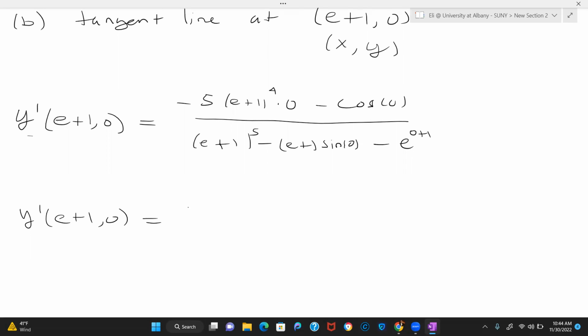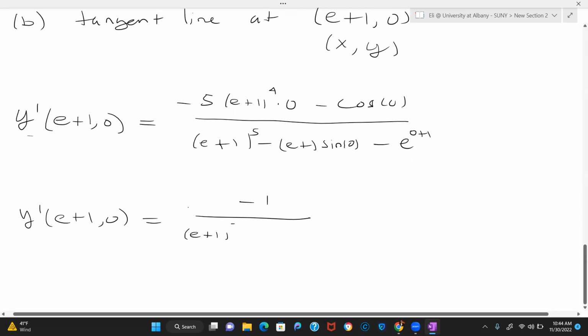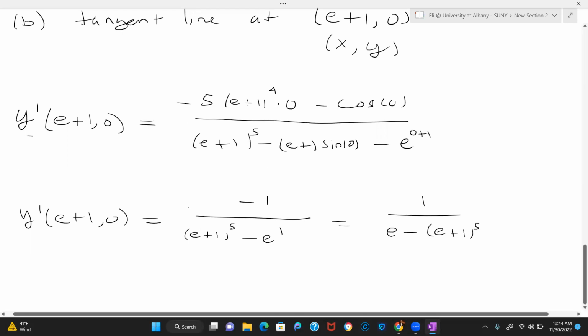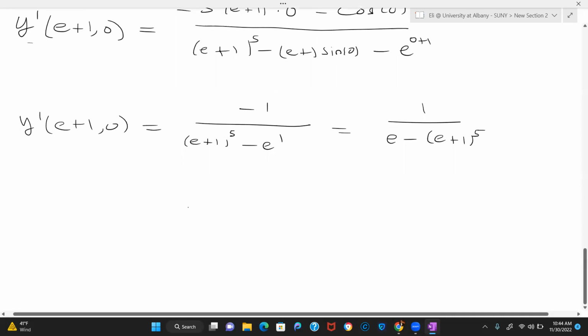All right, so this should end up, cosine of 0 is 1, so you get -1. And then you get e plus 1 to the fifth minus e to the 1, and I guess you can switch things around and get rid of the negative. So it'd be e minus e plus 1 to the fifth. So this is the slope.